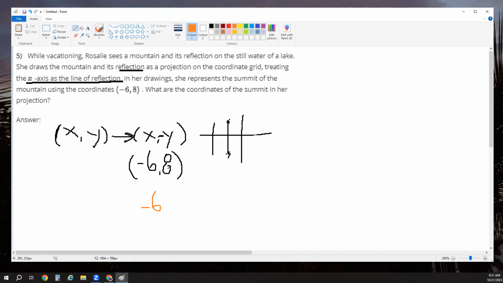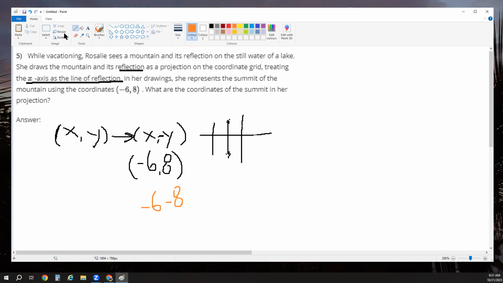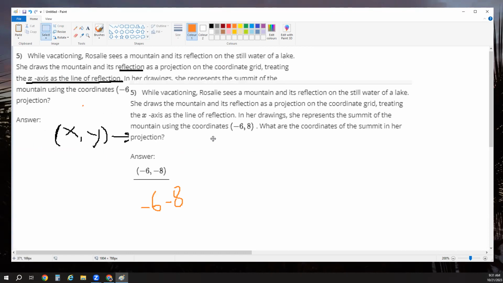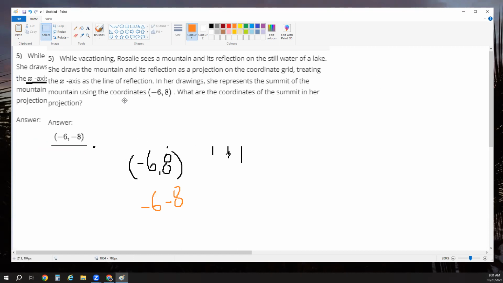My y stays the same, but the sign changes, -8. So your new coordinate point is now (6, 8), (-6, -8).